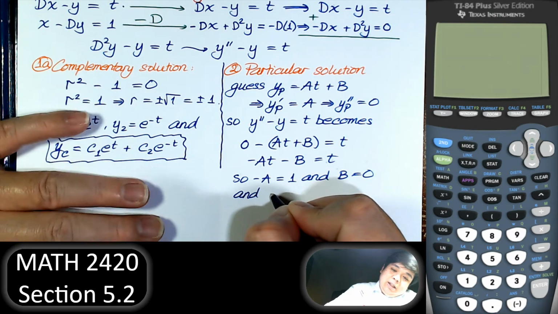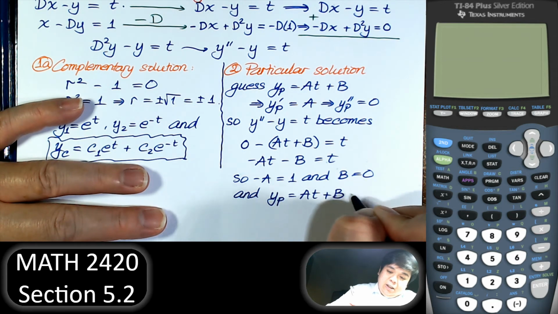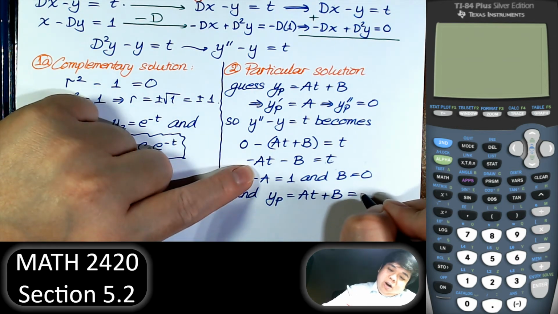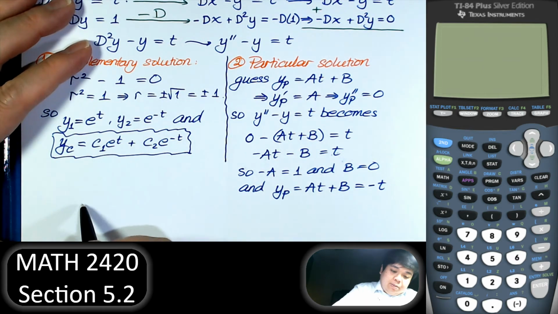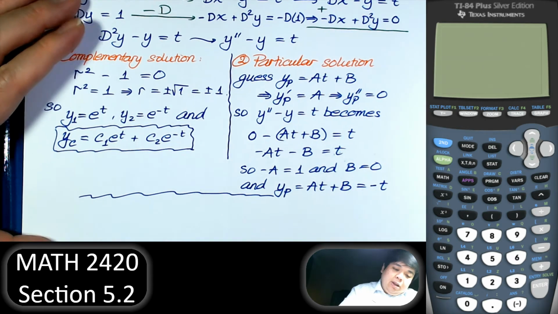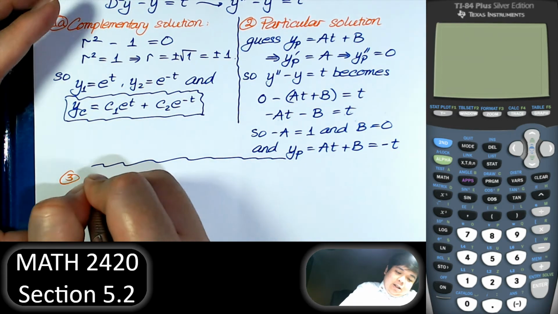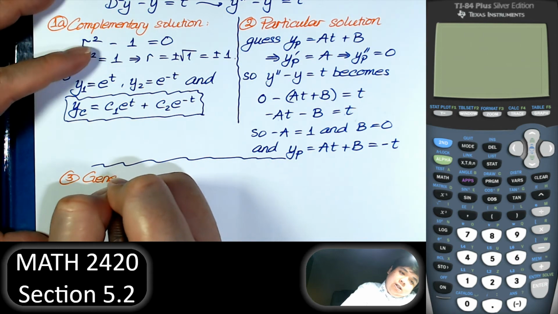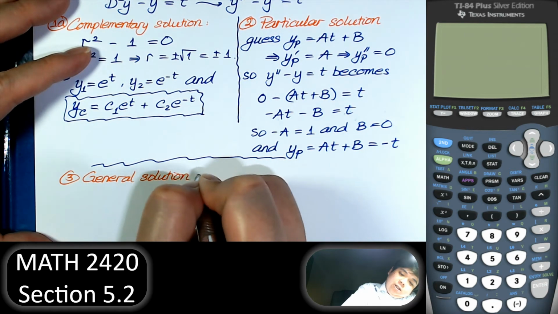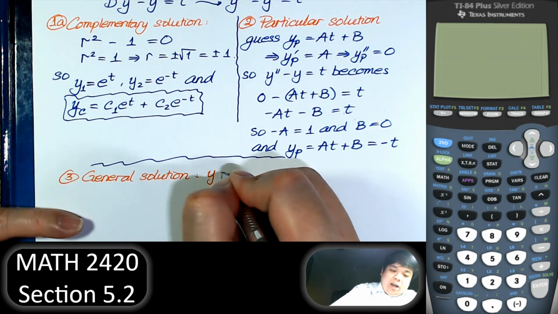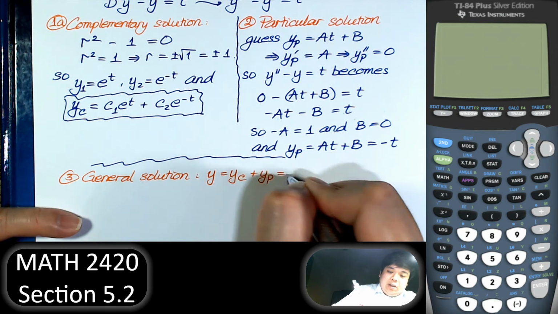And y particular solution is at plus b, where a is negative 1, so negative t. With that, the general solution: y equal to complementary solution plus particular solution.